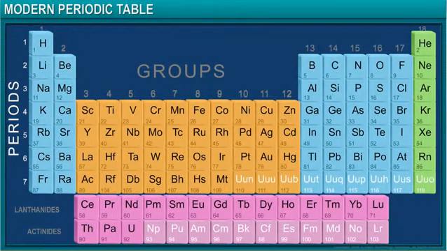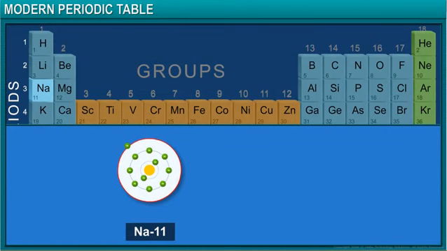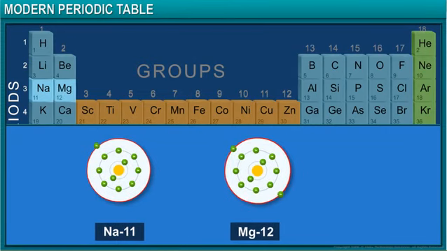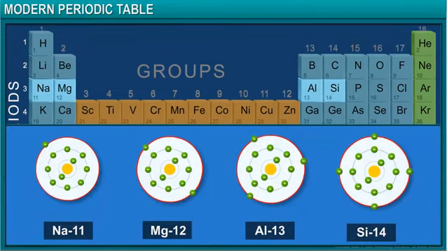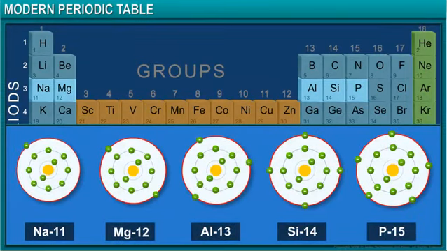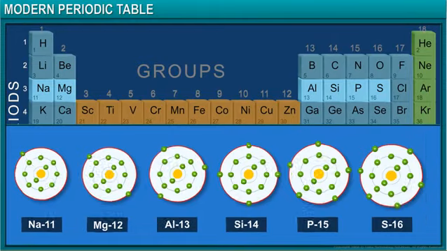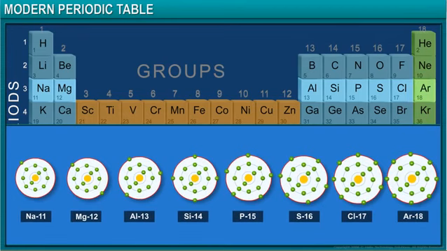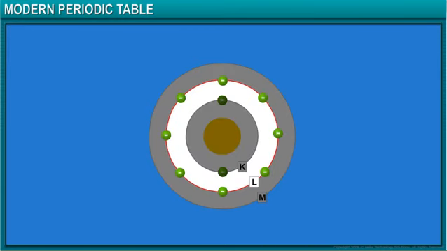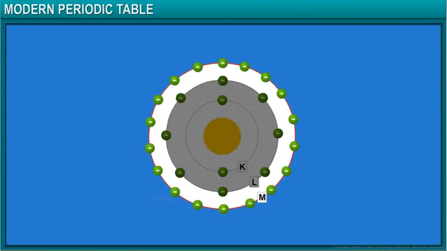For example, sodium, magnesium, aluminium, silicon, phosphorus, sulfur, chlorine, and argon belong to the third period of the modern periodic table, since the electrons in these atoms of elements are filled in the K, L, M shells.